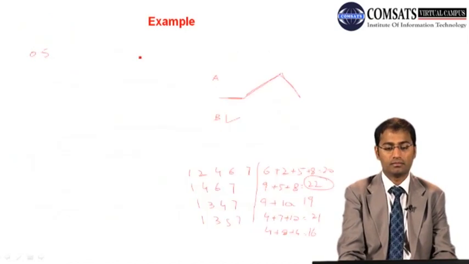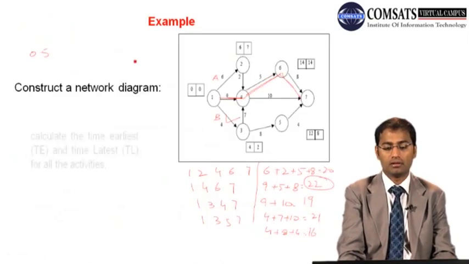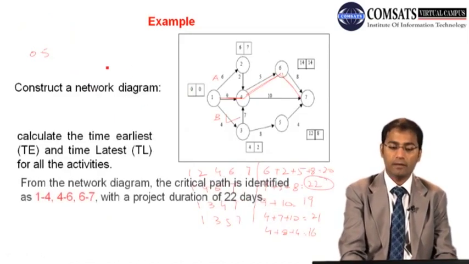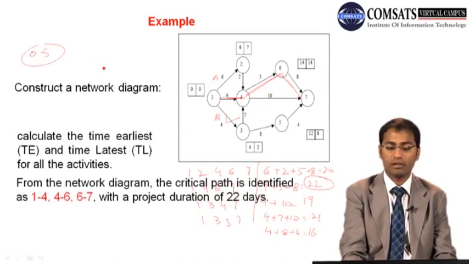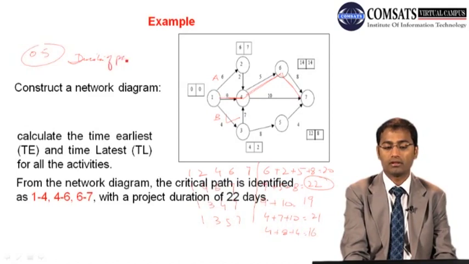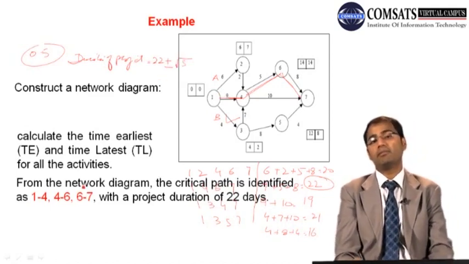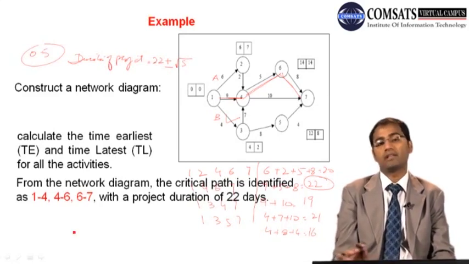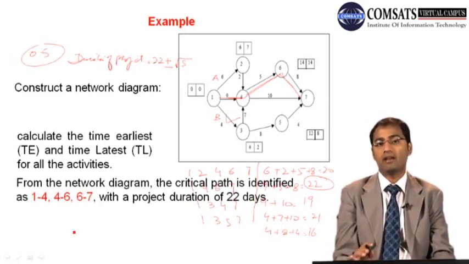So we will say the duration of our project will be 22 days plus minus that much. That will be the duration of your project, not exactly a discrete value of 22.